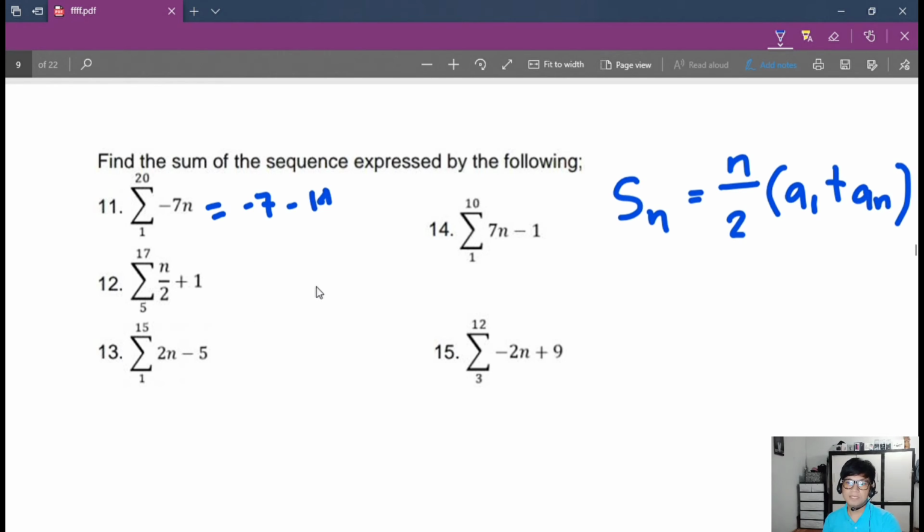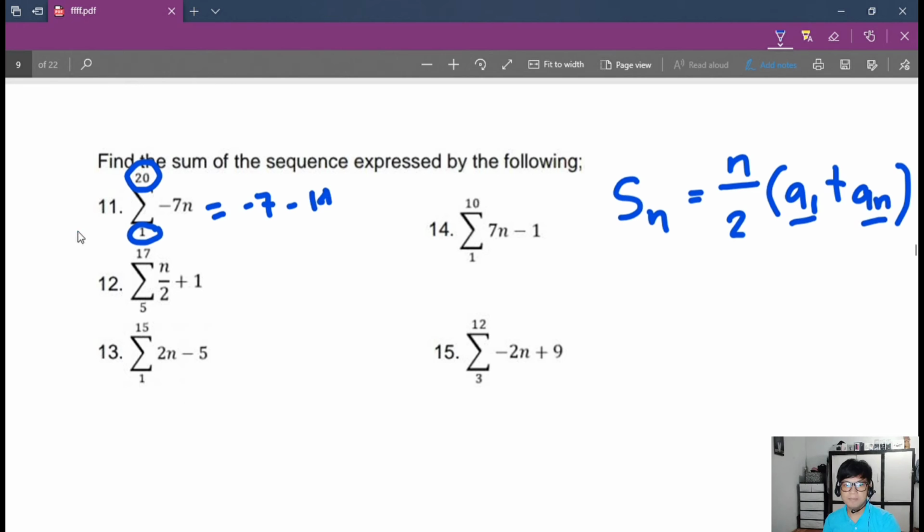Yan. So, ibig sabihin, para hindi na tayo gagawa ng arithmetic series, kunin na lang natin kung ano yung first term pati last term. So, ito may yung first term when n is equal to 1. Tapos, ang last term natin is when n is equal to 20. So, ibig sabihin, from 1 to 20, so there are 20 terms.